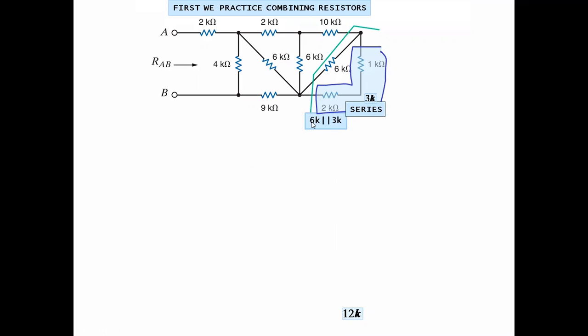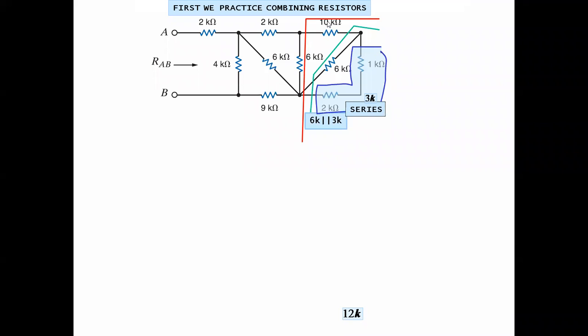So the 6 kilo ohm resistance and 3 kilo ohm resistance come in parallel, and after calculation its value will become 2 kilo ohm, right? After that, the 2 kilo ohm resistance will come in series with the 10 kilo ohm resistance.